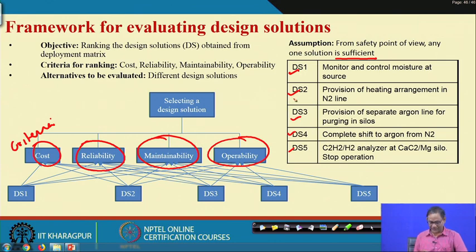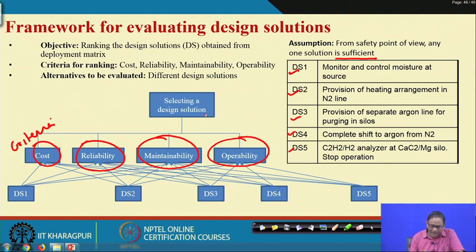Safety is another criterion, that is, how much risk reduction will be done, but we have assumed that any one of them is sufficient. So, that is why safety criticality, that other criterion, we have not added, but if you think criticality to the system should be added, you can add another criterion also.